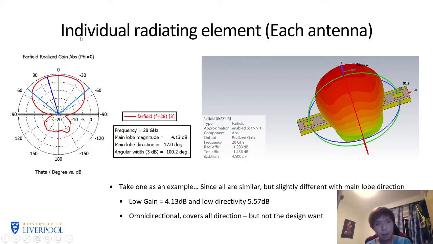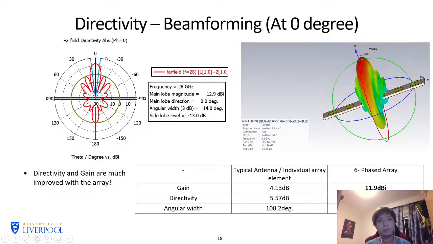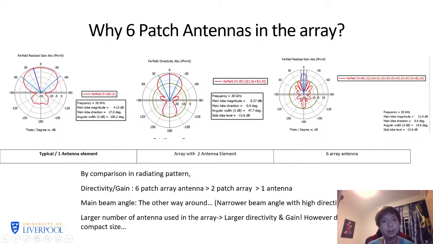And for an individual radiating element, each antenna is omnidirectional, but this is not what we want, since it has low gain and low directivity. This is a much narrower angle, from 100 degrees to 14 degrees, and the gain is 3 times larger, from 4 or 5 to 12 or 11.